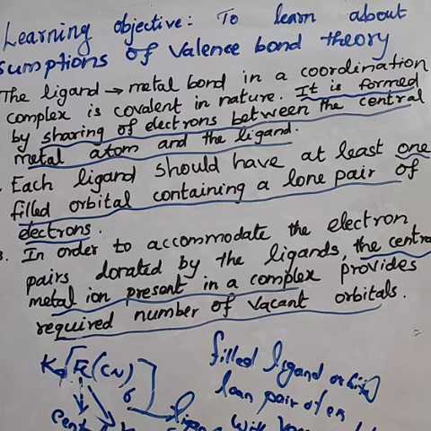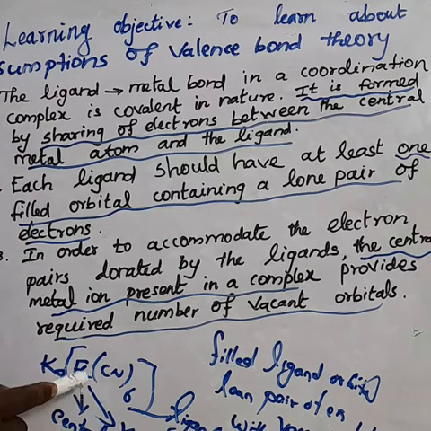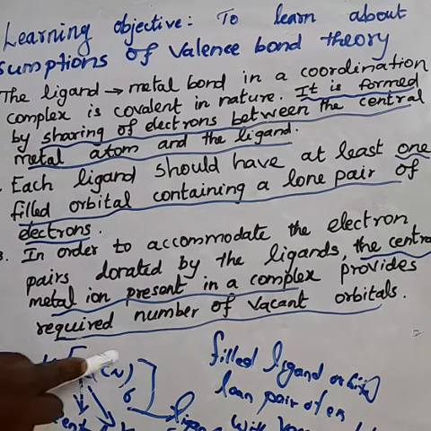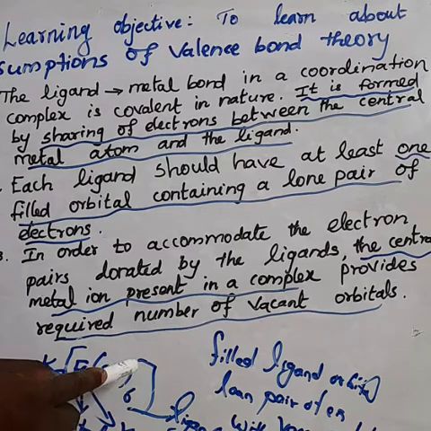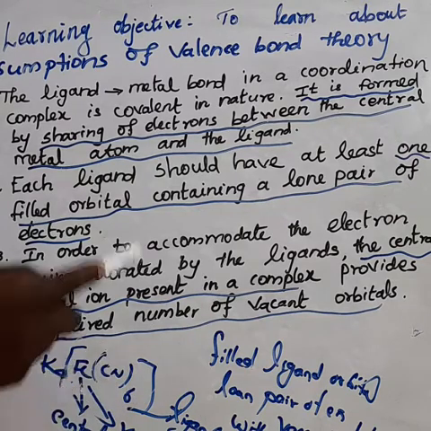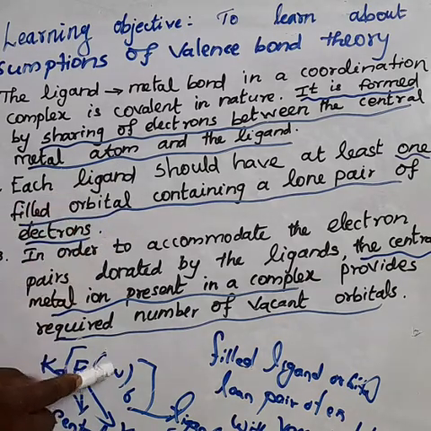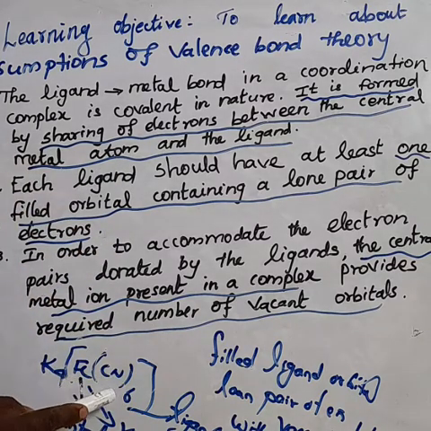What is the first point? It is formed by the sharing of electrons between the central metal atom and the ligand. What is the second point? With 6 ligands, each ligand should have at least one filled orbital containing a lone pair of electrons.